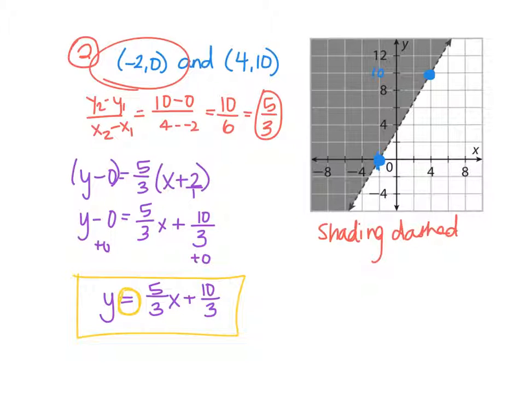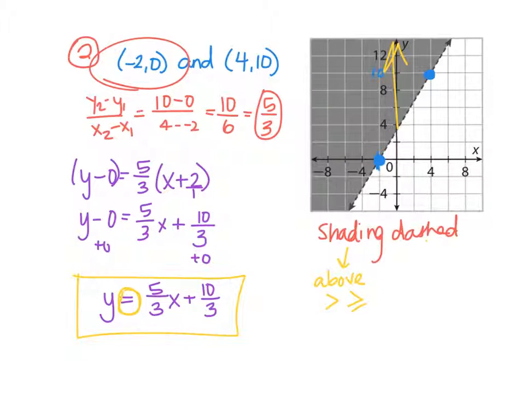So we need to think about where it's shading. Here, if you look, we're shading above. If the shading is above, that means I need to pick greater than or equal to, because it's above, it's bigger. Then I need to think about dashed.